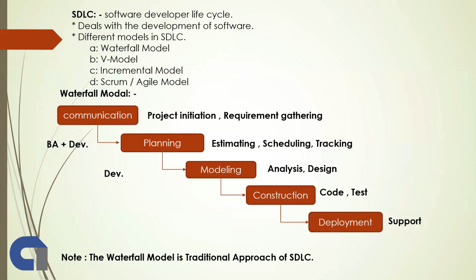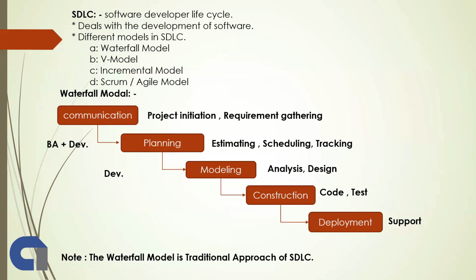These models were swapped and changed between the years 1960 till 2023. Then we will see why people switched from waterfall to V, then from V to incremental, then from incremental to Scrum. Still nowadays people are using Scrum or Agile methodology. What were the defects inside the previous models that people were using? We will see that as well.